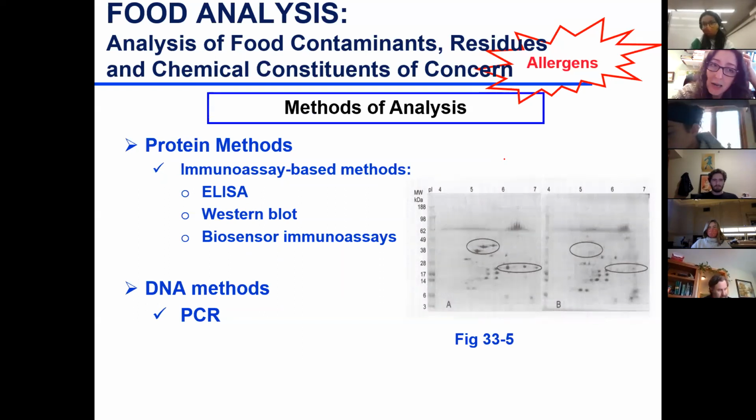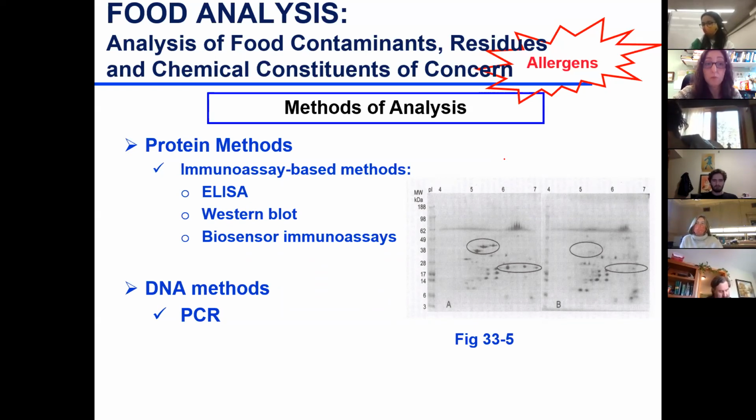If you use the DNA method, which is based on PCR, you might not detect the presence of soy or whey. Why? Because the way you isolated that protein ingredient to add it to your food, you must have lost the DNA component. So you might not detect their presence if you just use DNA.